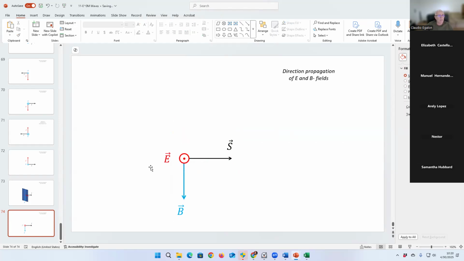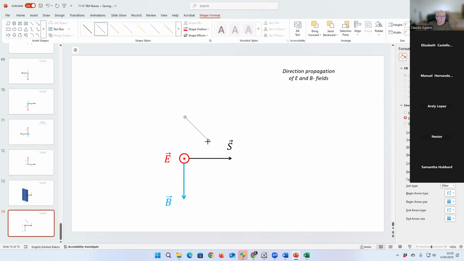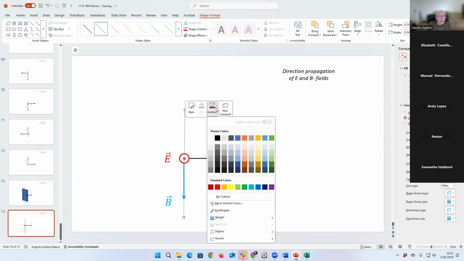And what we call the front of the wave can be drawn as a plane that contains both the electric and magnetic field vectors. I'm going to draw this plane as a black line. This one right in here. Yeah, better. Like that.